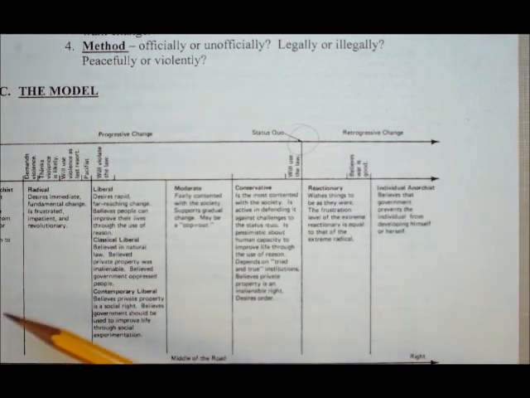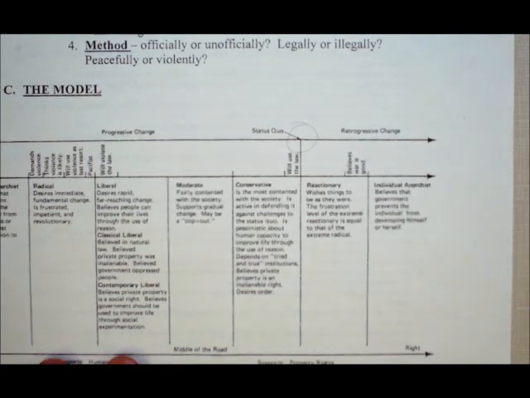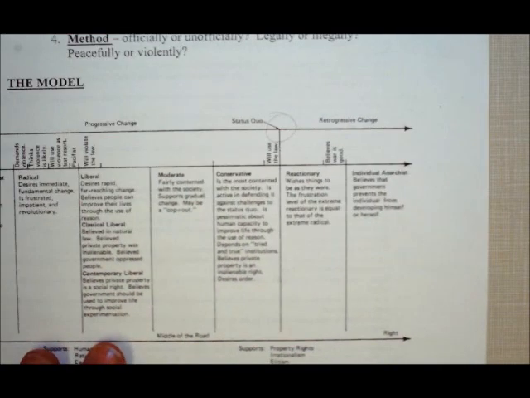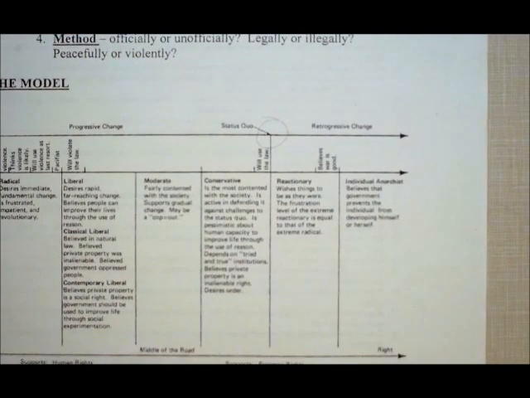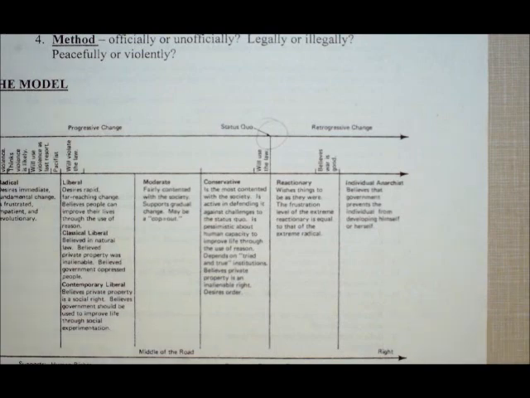Now let's talk about anarchy. Anarchy is basically the lack of government, lack of law. It's pretty hard for it to exist, and anarchists have a hard time defending their views in society, but there are some out there. So first of all, an individual anarchist. An individual anarchist believes that government prevents the individual from developing himself or herself.